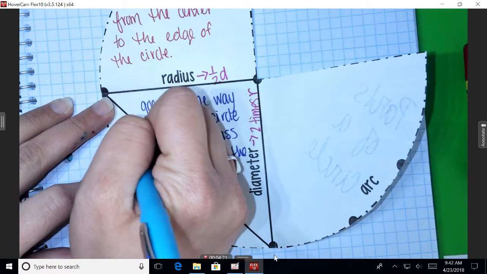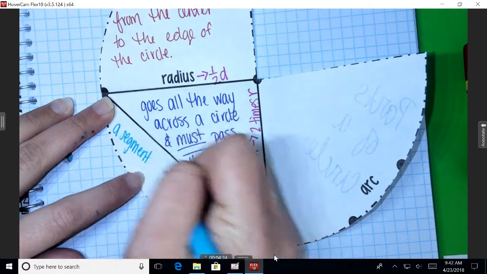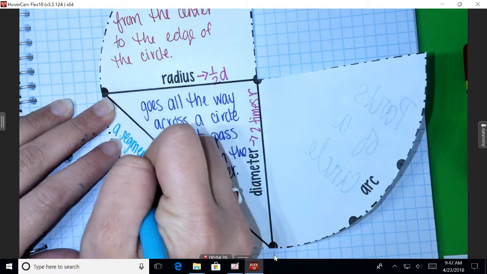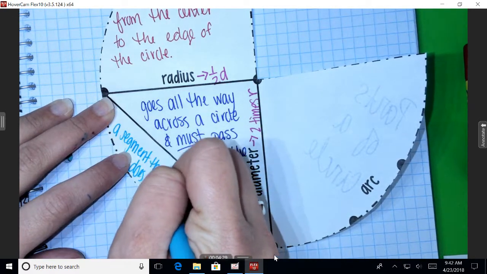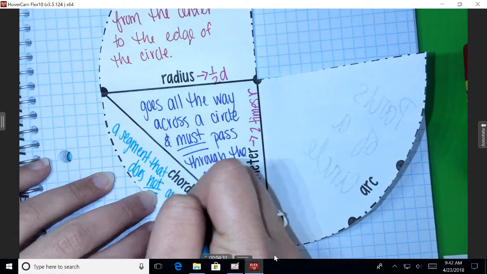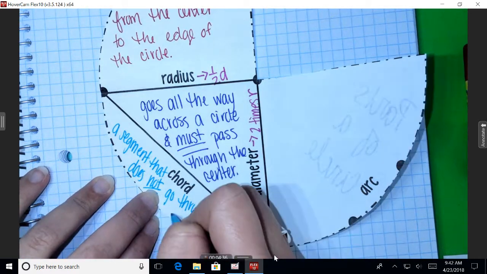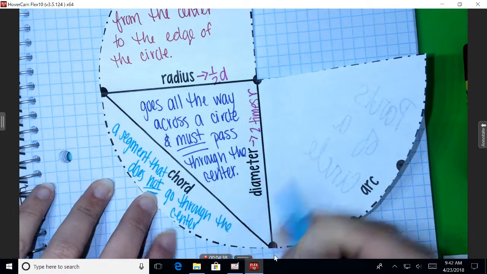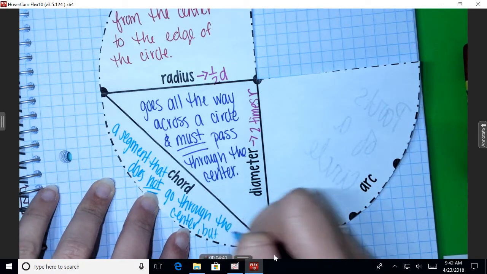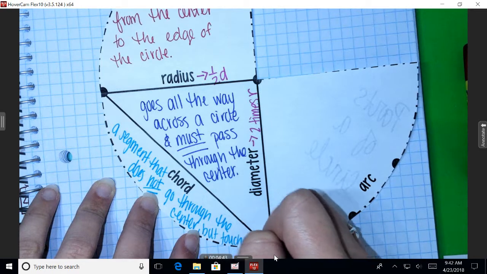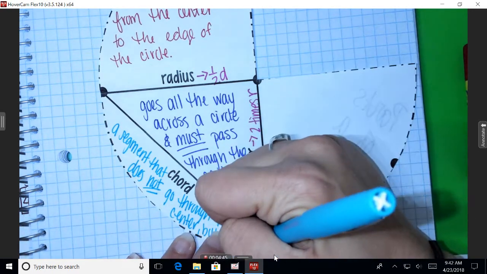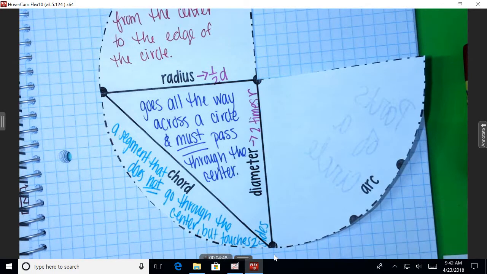A segment that does not go through the center but touches two sides. Or two edges, since the circle doesn't really have sides.